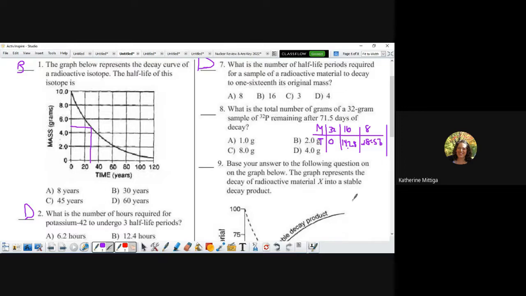So that's 42.84, which is 4, plus another 14.28, 57.12, so that would be 2, plus another 14.28 is 71.4, which, I guess there's rounding somewhere. So it's 1 gram. Took a while, but we got there.